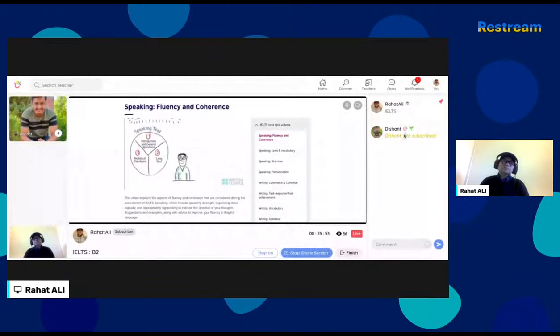It's important to understand the criteria on which you will be tested in the IELTS exam. First, we consider the criteria of fluency and coherence. This is one of 4 criteria on which you will be tested. We'll cover the other 3 in later videos. Fluency and coherence refer to your ability to speak at length, including organizing ideas logically and appropriately signposting.